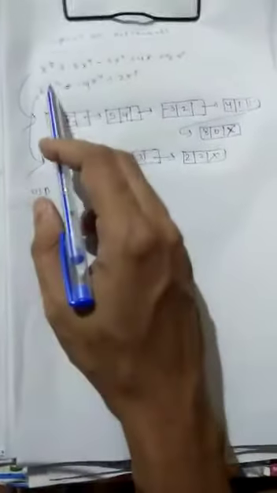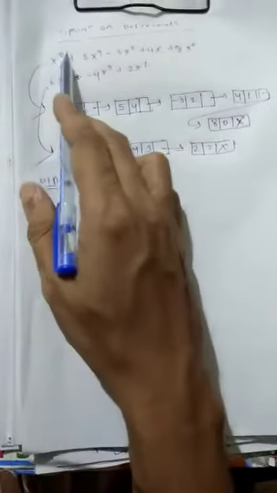I am showing what the result is if you add the two polynomials and how to store it. First I show this, then we discuss the algorithm. The result is also written in increasing order of exponent.